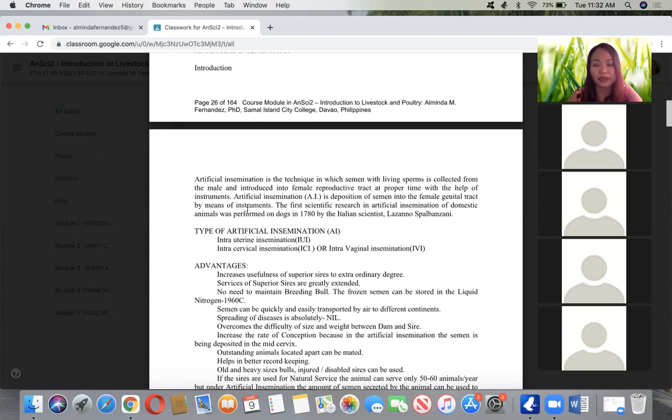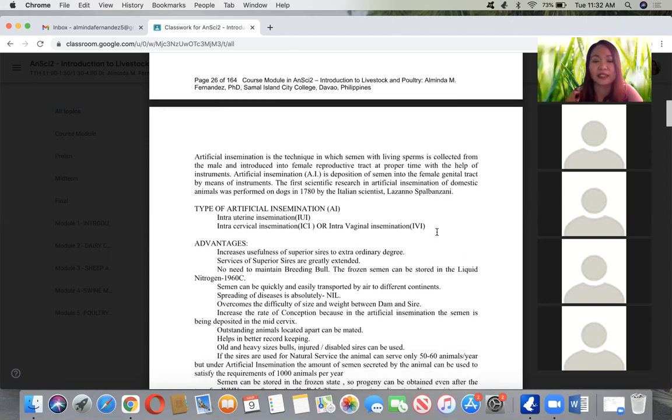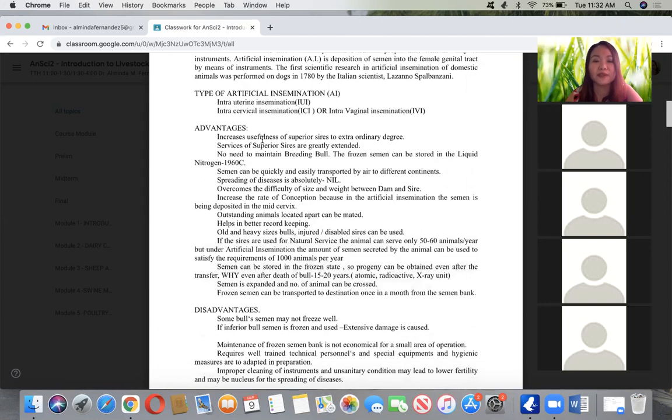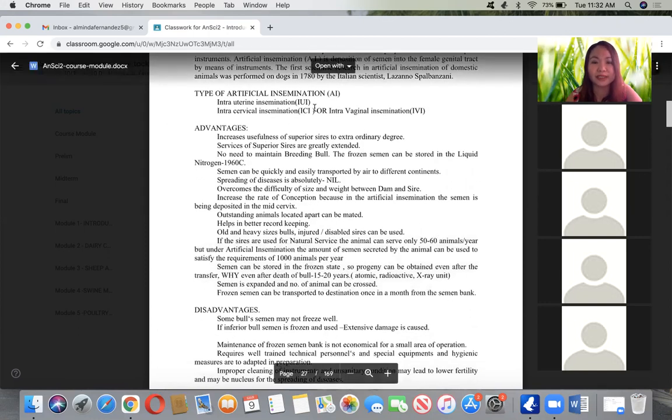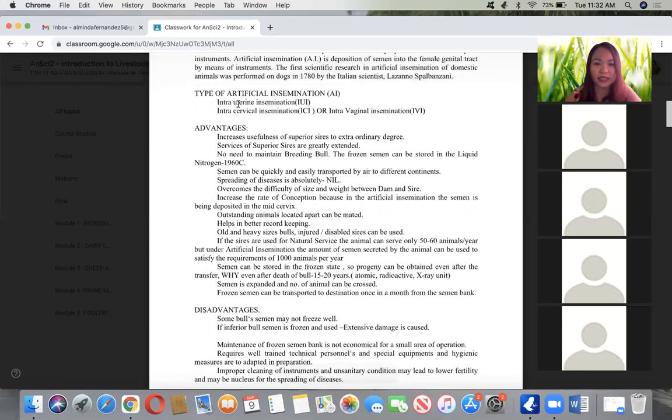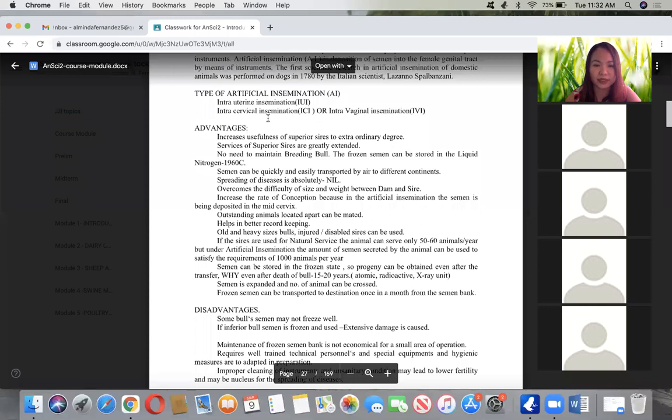The first scientific research on this was performed in dogs in 1780 by the Italian scientist Lazzaro Spallanzani. There are types of artificial insemination: intrauterine, and intracervical or intravaginal insemination.